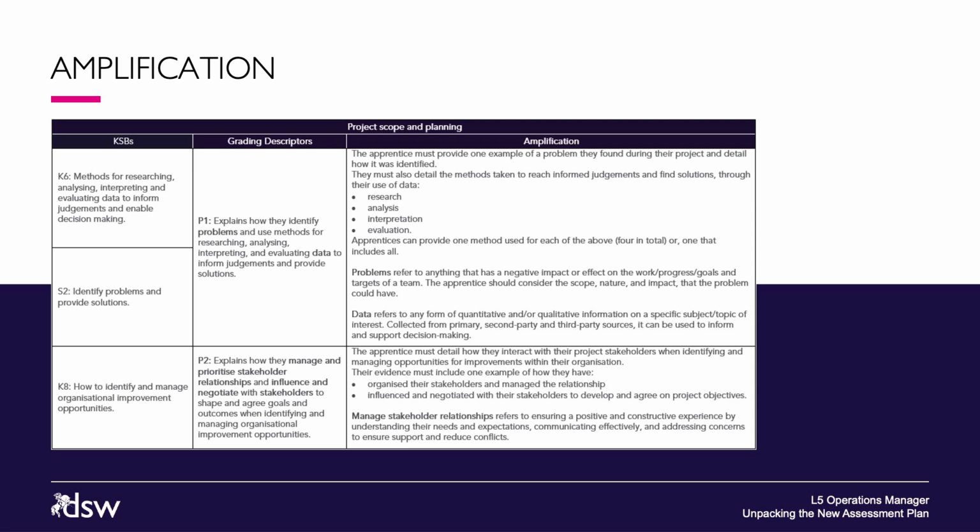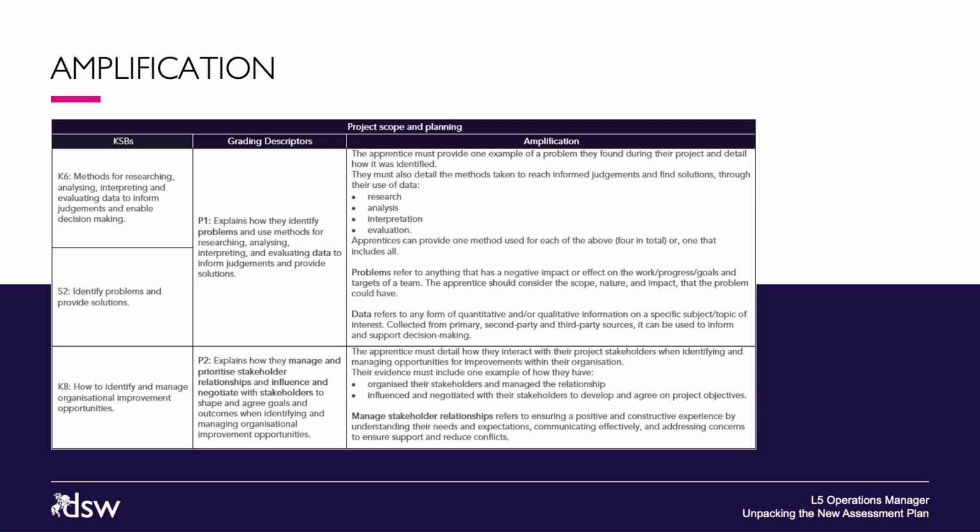For each descriptor, what we initially do is we provide a breakdown of exactly what the descriptor is asking for. So you can see for P1 on this example, the apprentice must provide one example of a problem they found during their project and detail how it was identified. So there we've provided an exact quantifiable number of what is required, so one example of a problem they found.